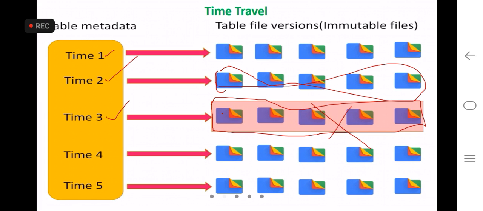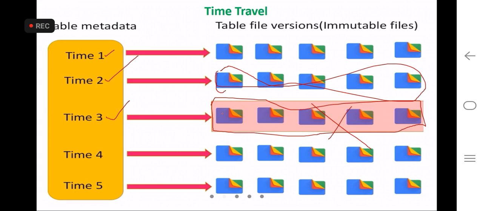Okay, so if I set it for 10 days, then I can travel back up to 10 days. Okay, if you set time travel for 5 days and you try to pull data older than 5 days, then you won't get it. Okay, a maximum of 90 days you can travel back and pull the data.